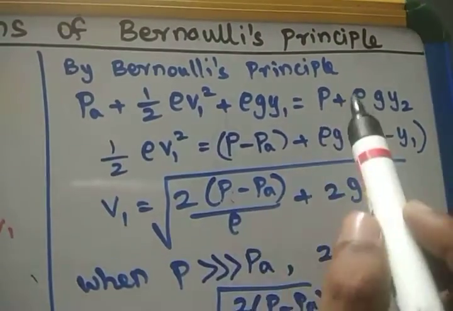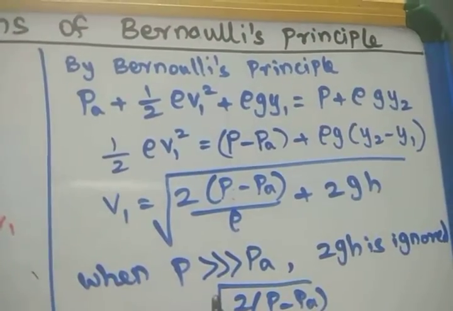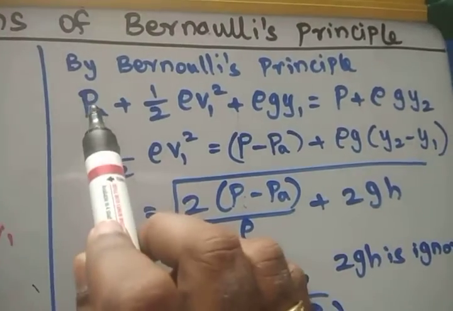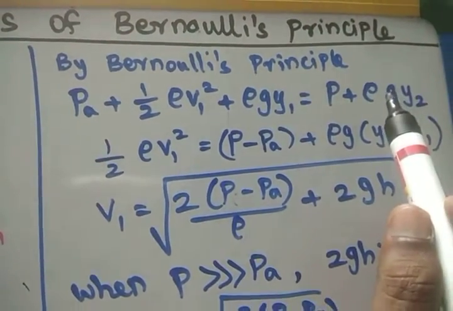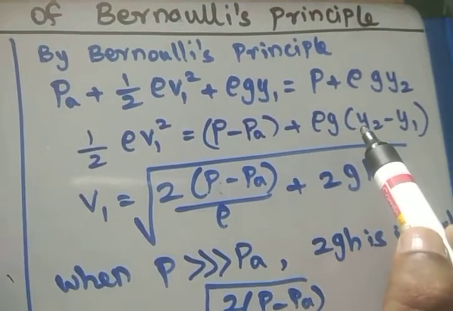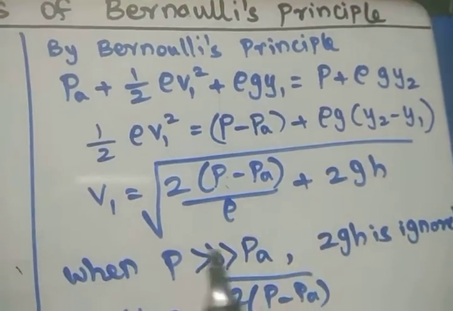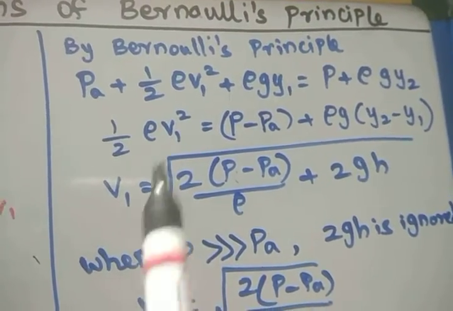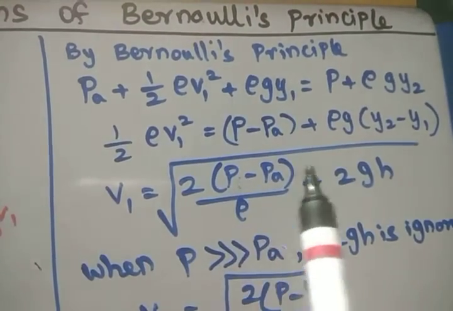By applying Bernoulli's theorem for the speed of efflux, we bring the atmospheric pressure to the right side: P minus PA plus rho g, then Y1 also comes to this side, taking rho g common, Y2 minus Y1. Then V1 is equal to the root of 2 (P minus PA) by rho.